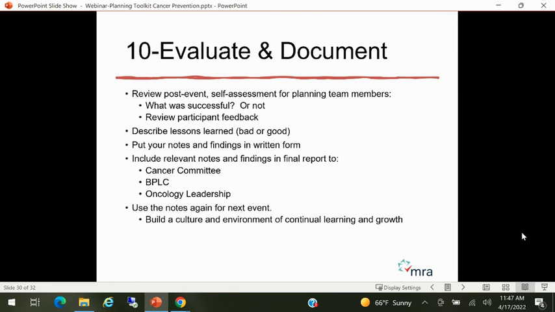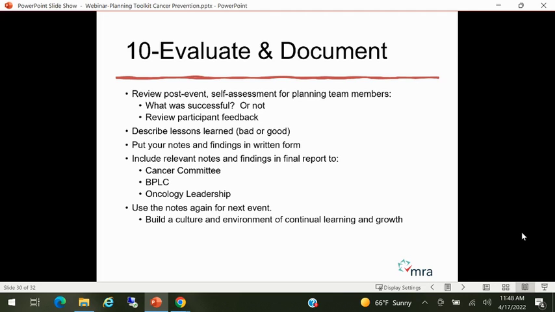Get together with your planning team one more time, do a self-assessment, be as objective as you can, but talk to them, ask them to be brutally honest with what was successful or what was not, what the participant feedback was. Read that, review that with an open mind, and then from that, describe the lessons that were learned, good or bad.